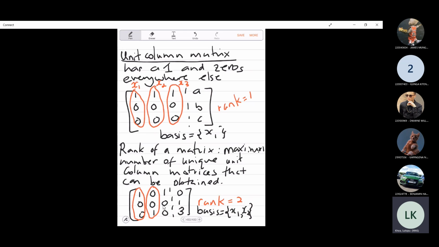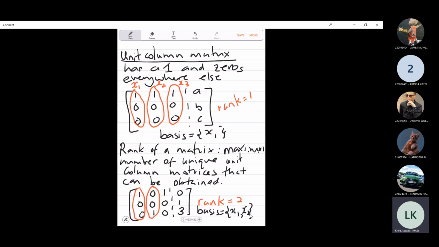Their unit column matrices are the same, so it's x2 and one of the others. So here I was free to pick any of them because all of their unit matrices are the same, but over here only x1 and x2 look the same, so I could pick between them, but x2 was unique on its own. It doesn't resemble any of them, so it's definitely in the basis.